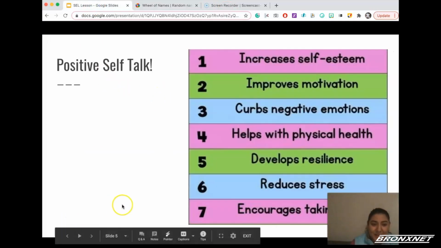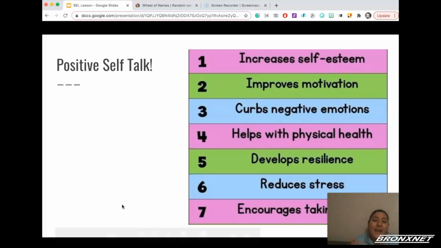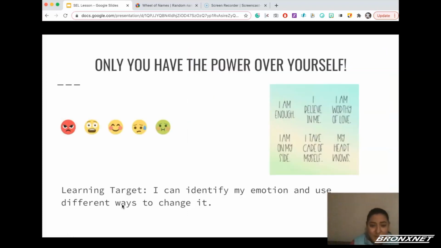So boys and girls, that is called positive self-talk. So when you're feeling anxious, use these positive phrases and say them out loud. Feel it. And maybe that can help you change your emotion. All right, boys and girls, let's go back to the learning target. I can identify my emotion and use different ways to change it.